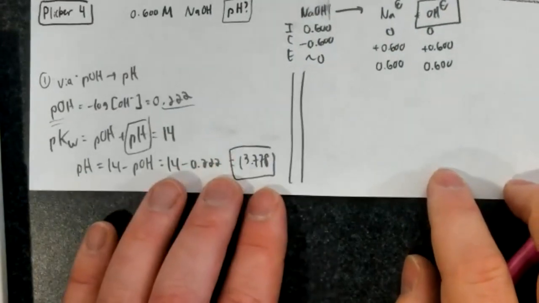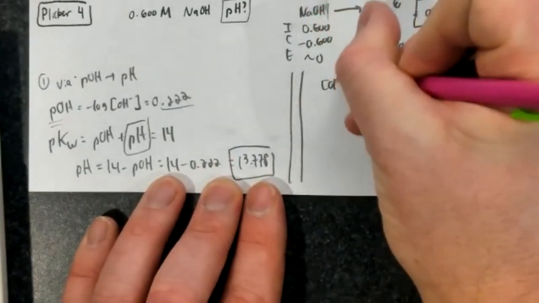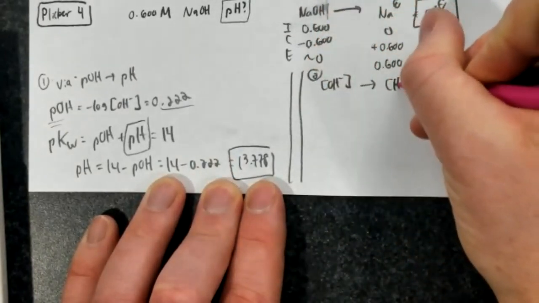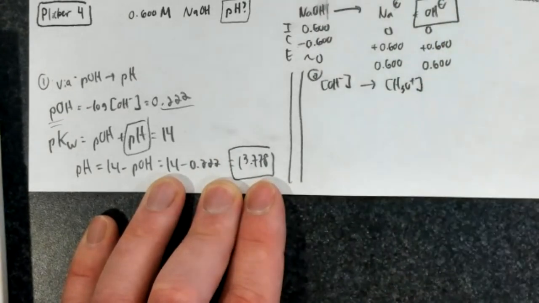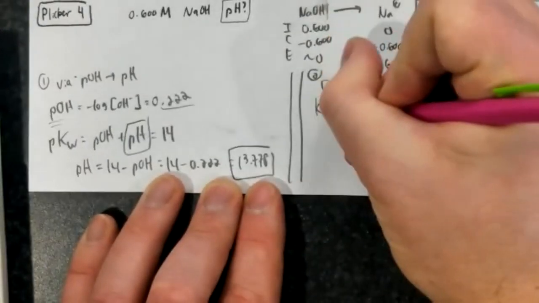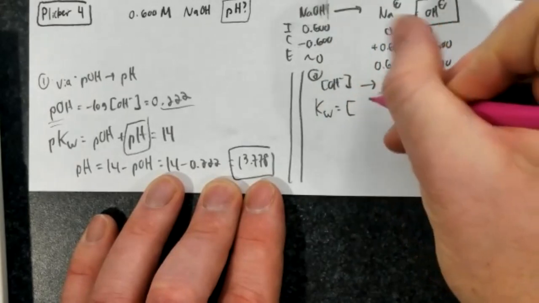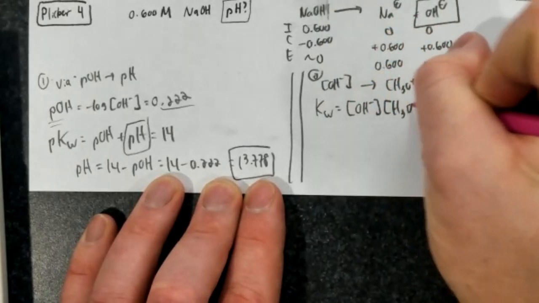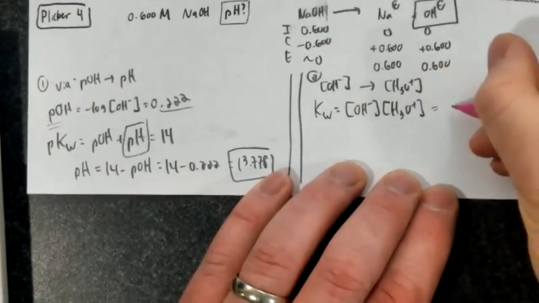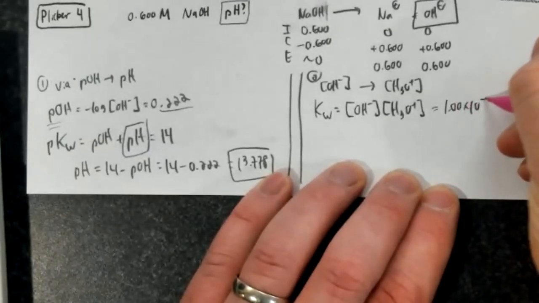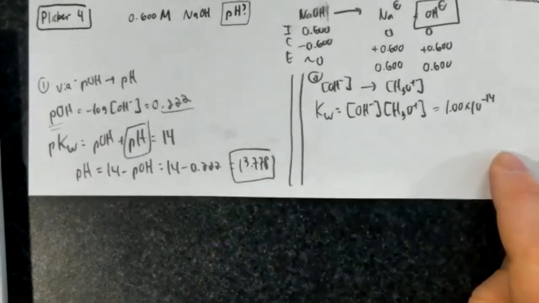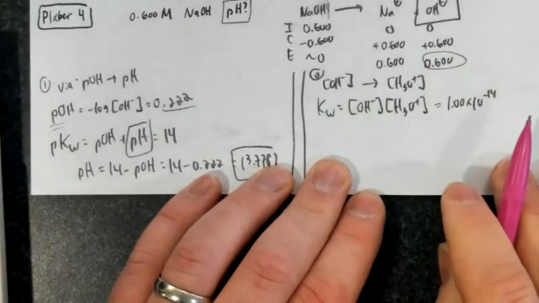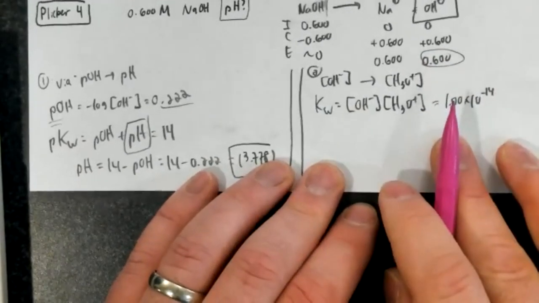The other way is essentially utilizing the initial OH concentration, converting that OH concentration into hydronium. That relationship is defined by Kw. So Kw equals my hydroxide concentration times my hydronium concentration, which equals 1.00 times 10 to the minus 14. We determine the hydroxide concentration based on the fact that we have a strong base.